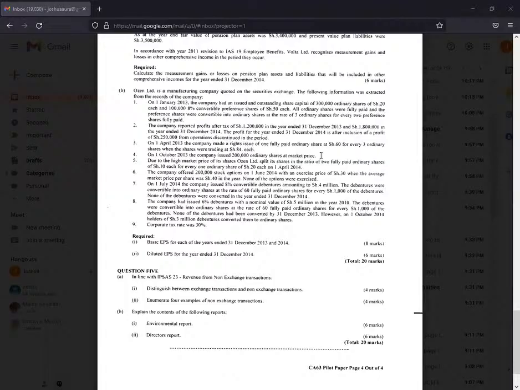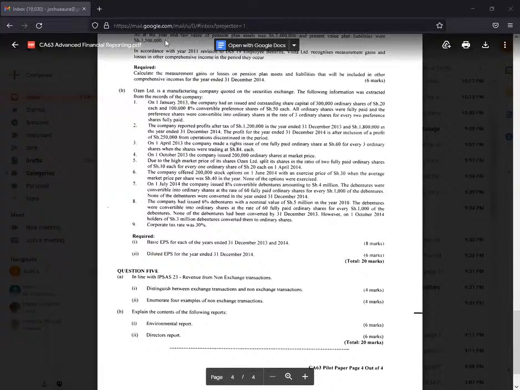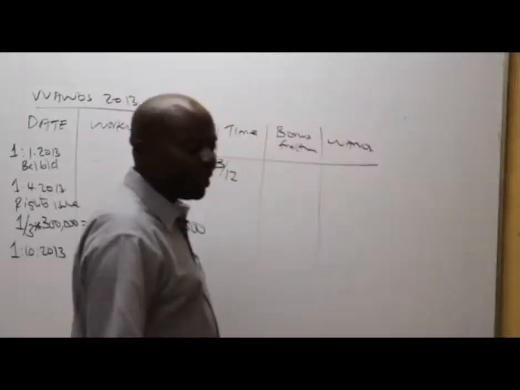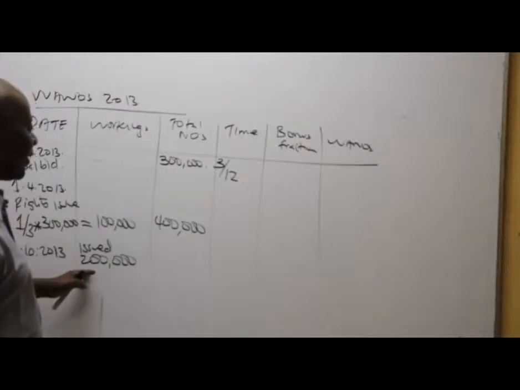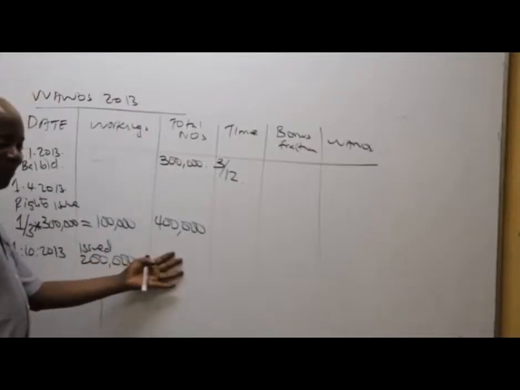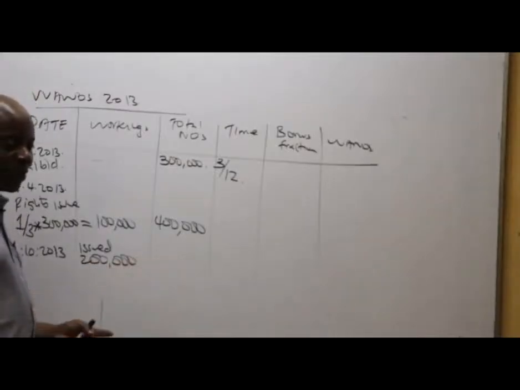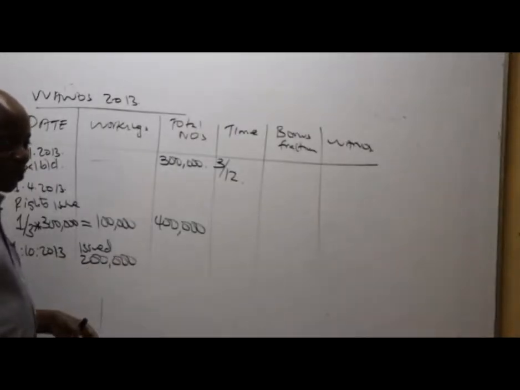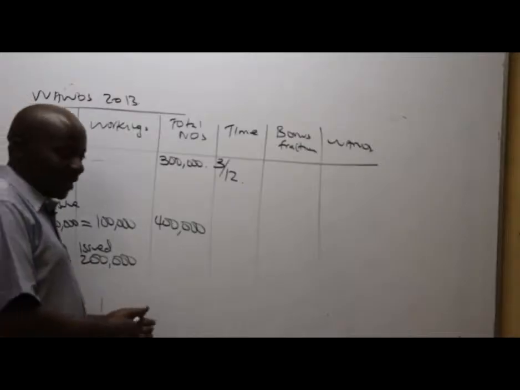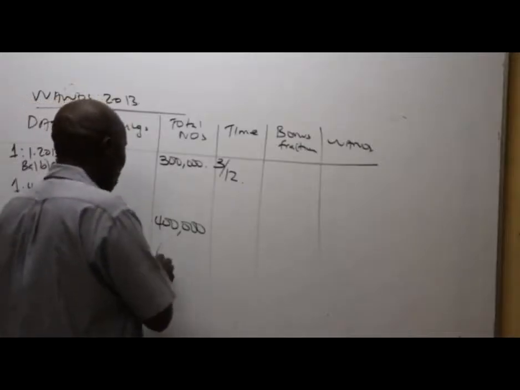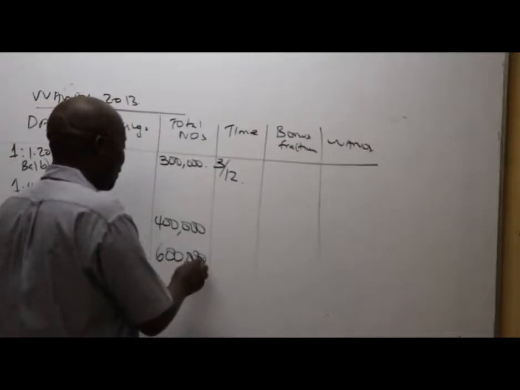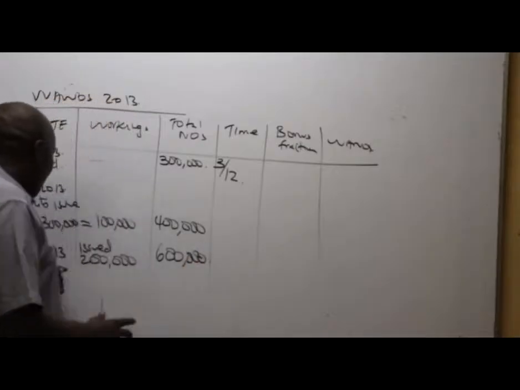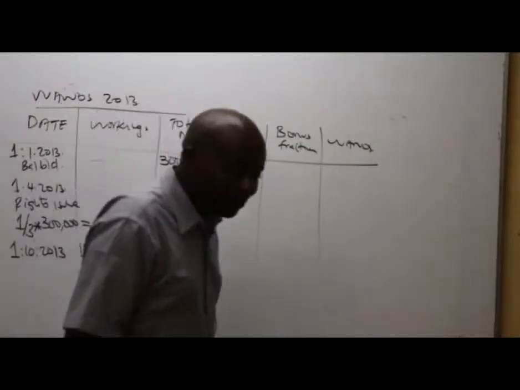This is normal, there is no problem. So we issue 200,000. You simply recognize them. So how many shall we be having in total? 600,000. Thank you very much. Apart from this transaction, do you want any other transaction?